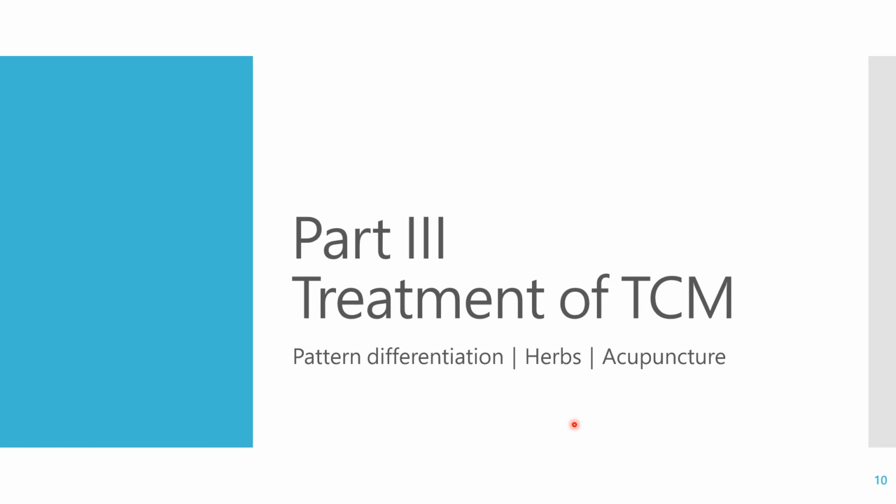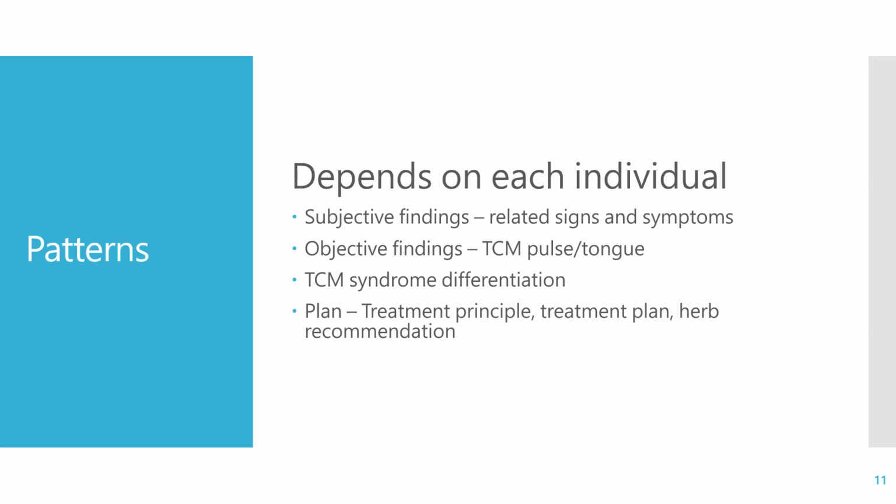Part 3, treatment of TCM. We are going to know the treatment from the TCM view. For the patterns, it really depends on each individual. Remember, we learned from the diagnosis class.